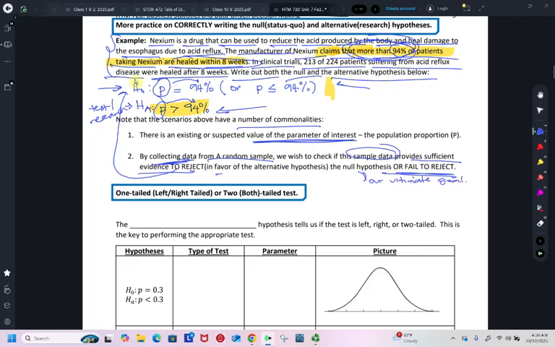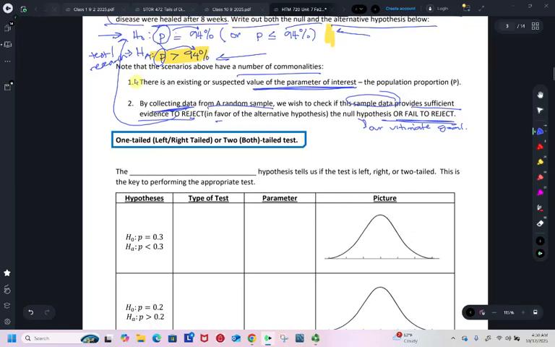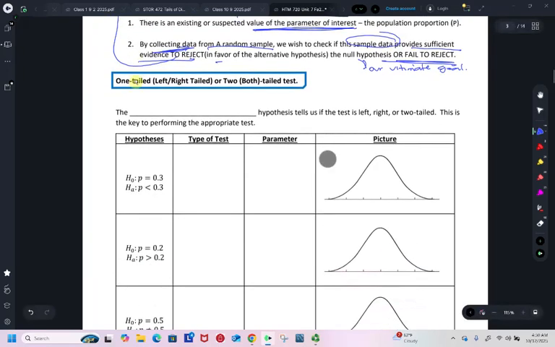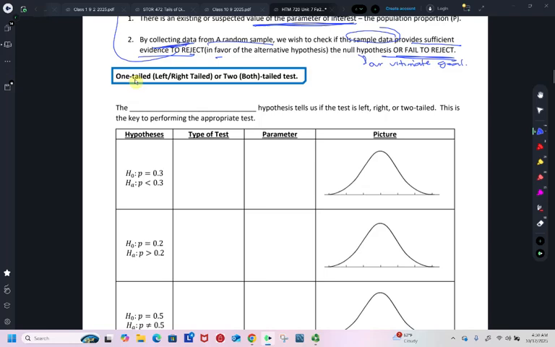All right. Now that we know how to set up our null and alternative hypothesis, the next goal is to determine whether the hypothesis test that we're about to carry out, to reject the null hypothesis or to fail to reject it, is either one-tailed or two-tailed.